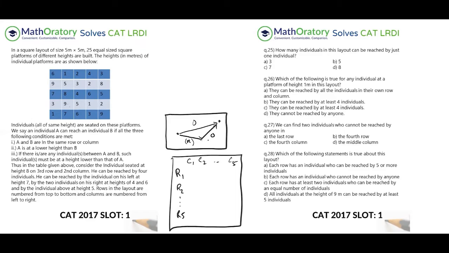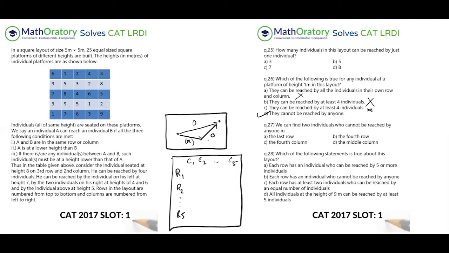So 26. Which of the following is true for any individual at a platform of height 1 meter in this layout? Okay, so we are just looking for those platforms which are height 1 meter, right? So let's look at the options here. First says they can be reached by all. Silly. They can never be reached. They can be reached by at least, again, silly. They can be reached by never.